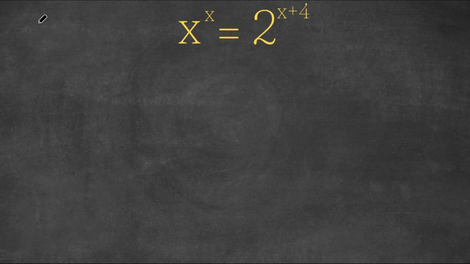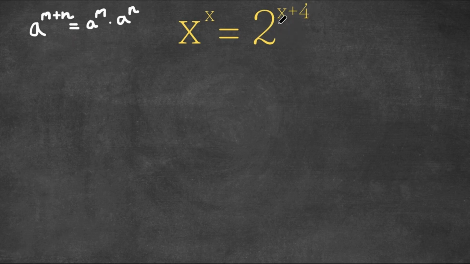Now, if we have something in the form a to the power of m plus n, this can also be written as a to the power of m times a to the power of n. So I'm going to use this property for 2 to the power of x plus 4.